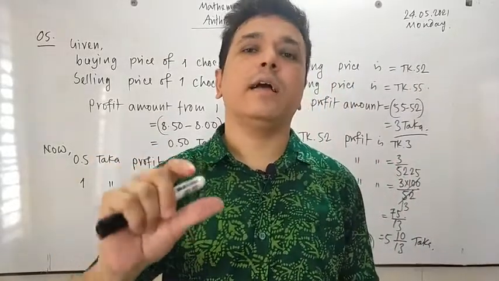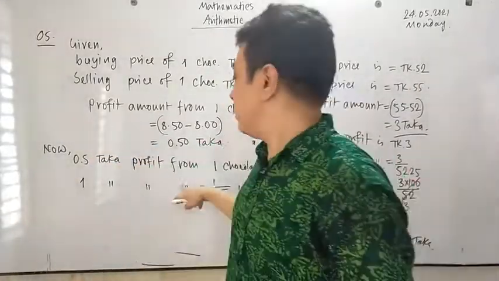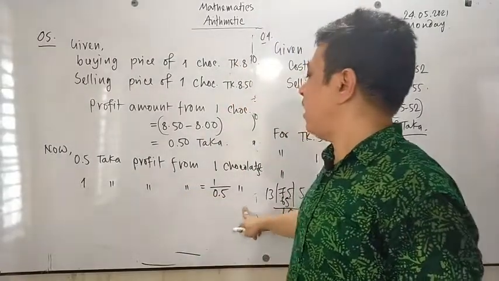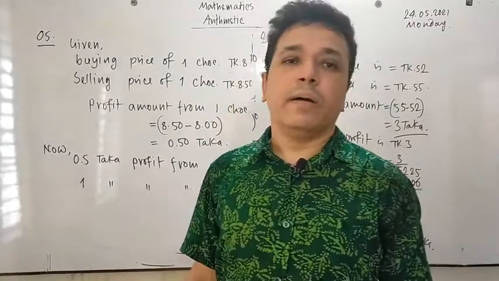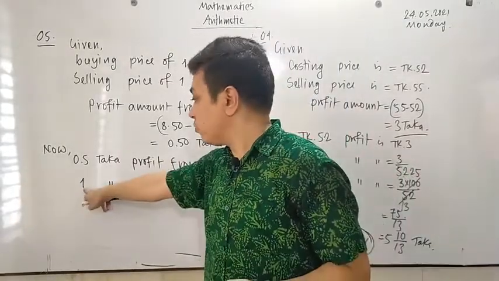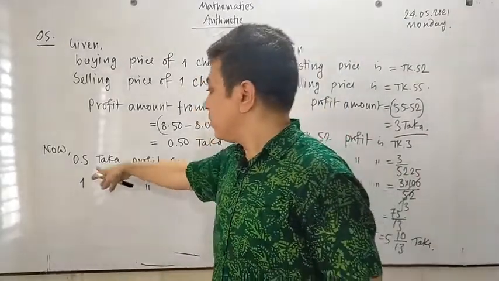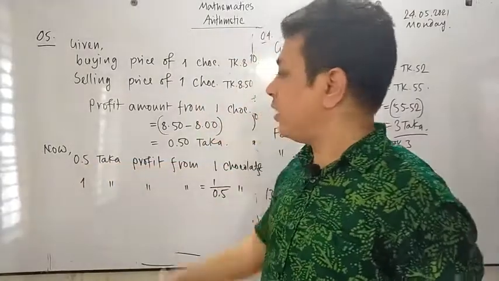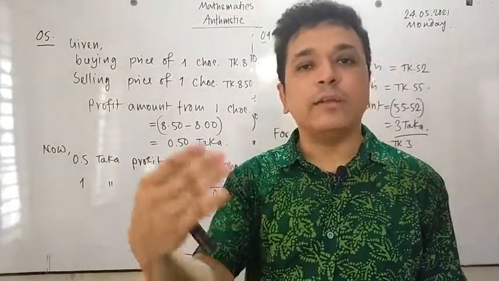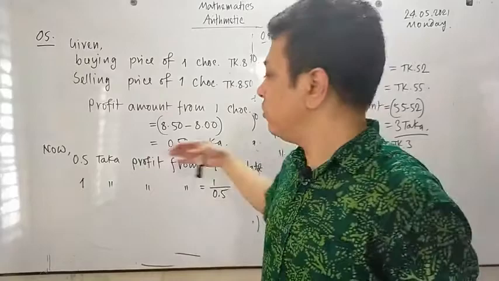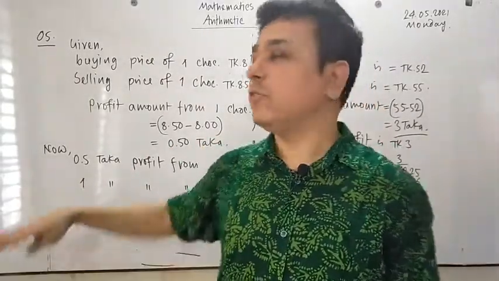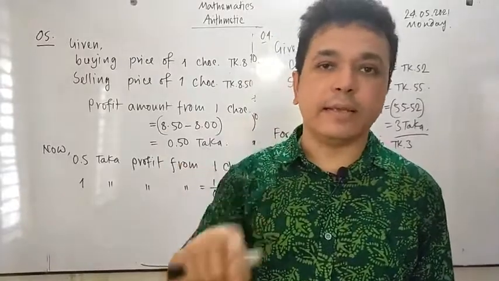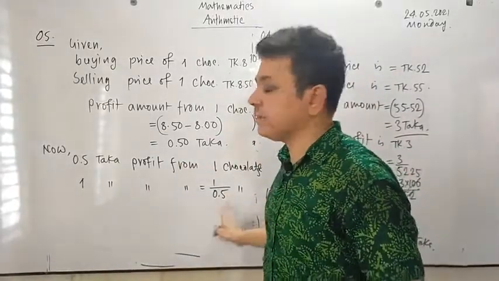Some of you who understand math very clearly may ask, sir, how can we write 1 by 0.5? Look, this 1 taka is 0.5 taka profit from one chocolate. When we write 1 taka, of course the number of chocolates should be bigger, but when the result will be bigger we have to multiply, yet here we divide. Why?